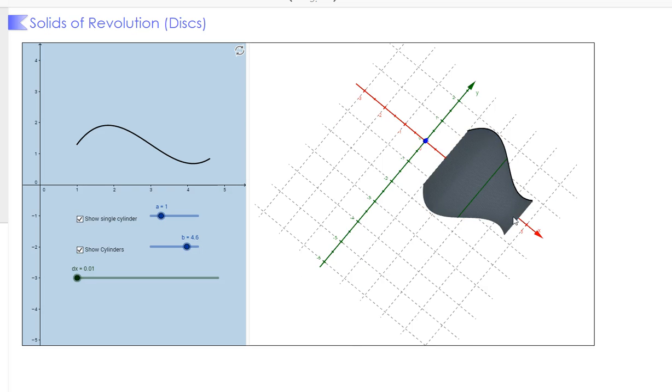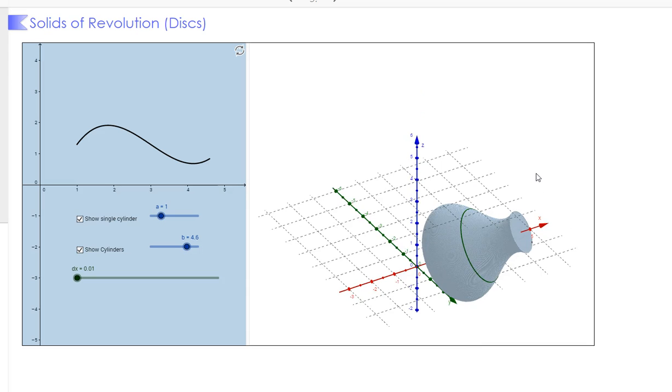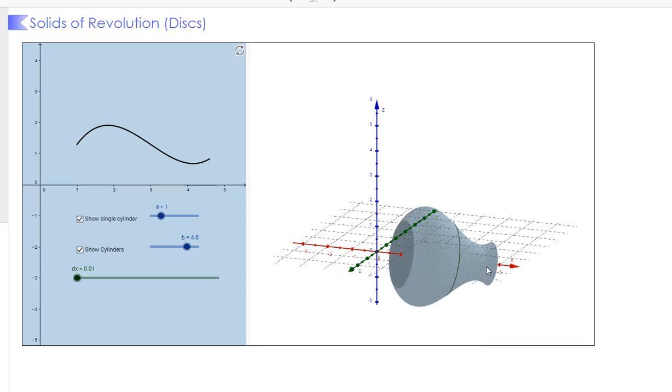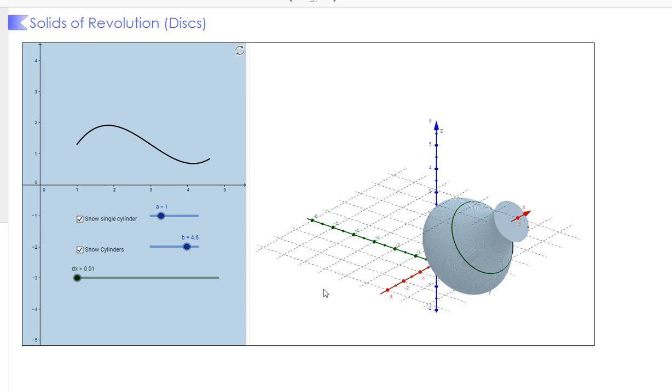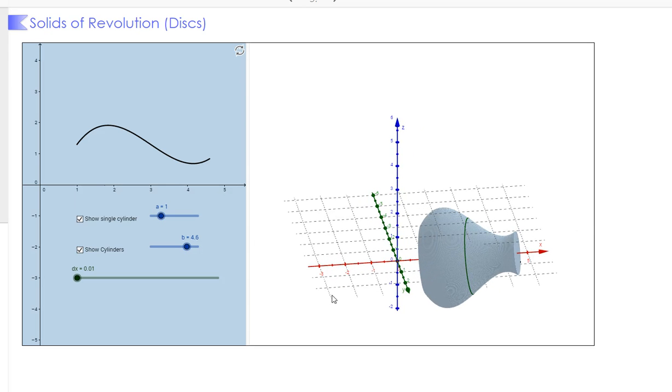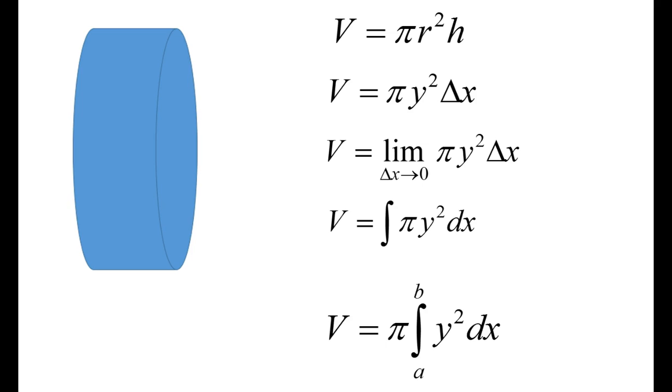Now if we rotate this around a bit, we can see the solid shape that we've formed. In this situation we have actually three axes because it's in 3 dimensions, but don't worry about this z-axis. It's a bit sensitive to rotate, but that's basically our 3-dimensional shape. Now we're going to have a look at just one cylinder.